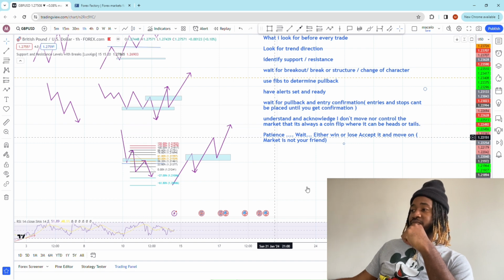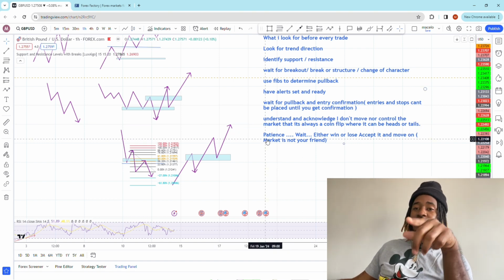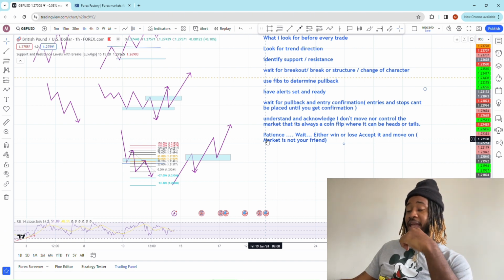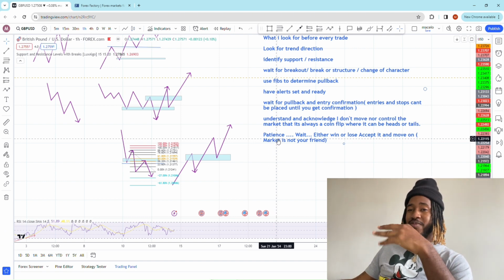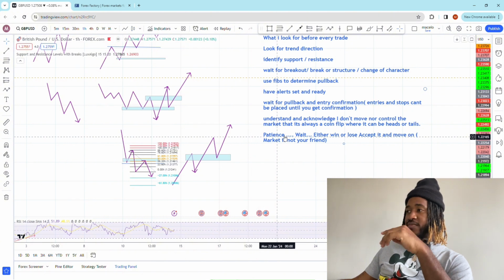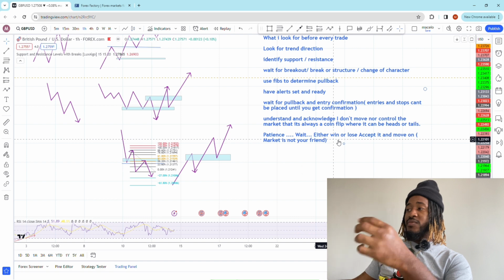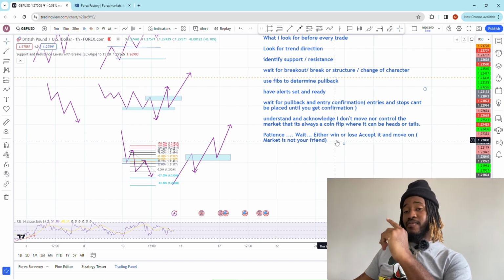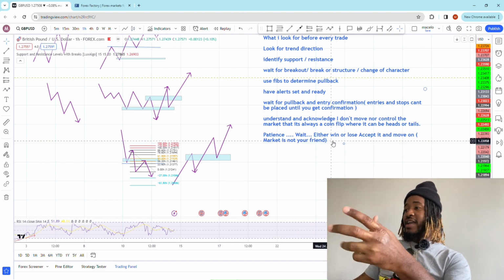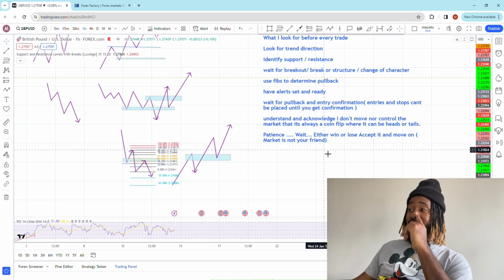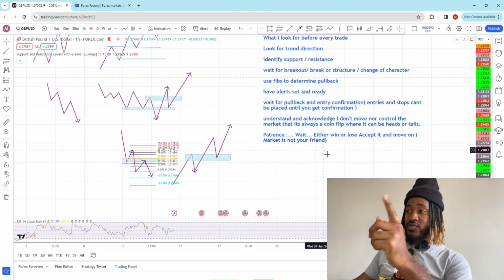Last thing is patience. The market will test your patience, as testing mine is part of my journey. And at times it still does, but not as much. Either you win or you lose. You have to accept the reality of it and move on. Last thing, the market is not your friend.